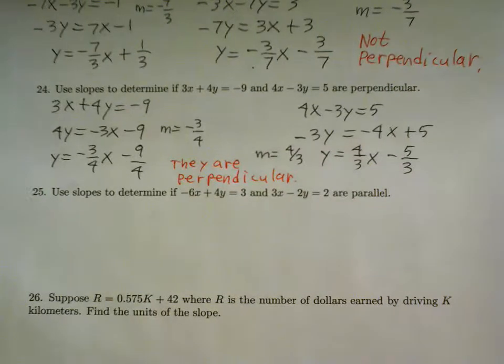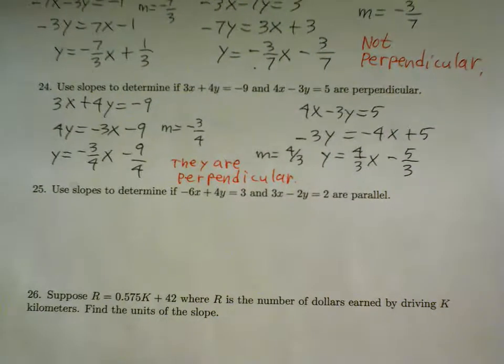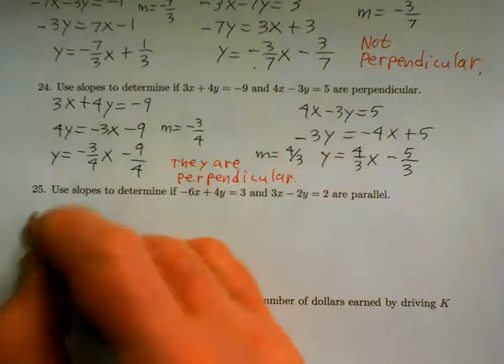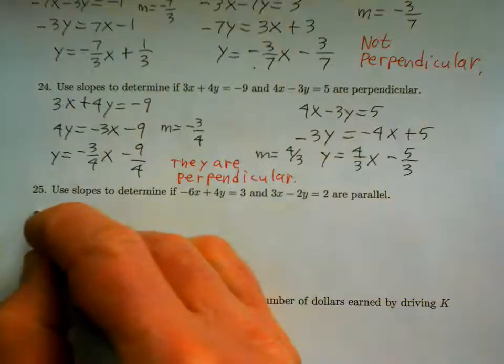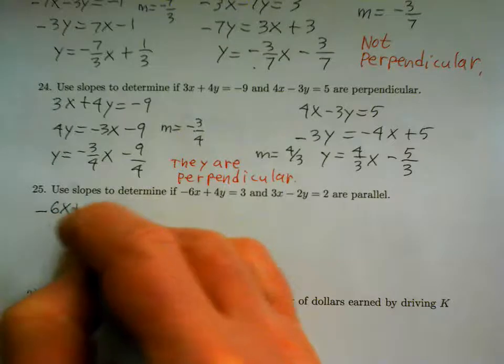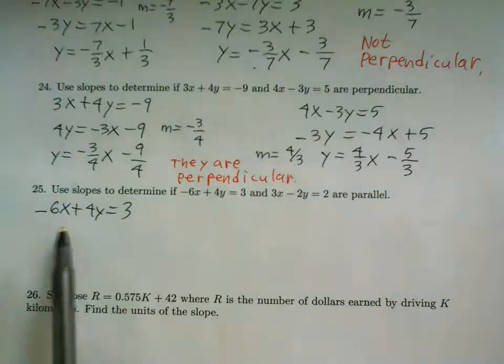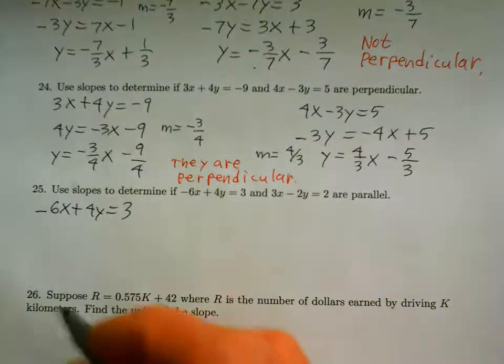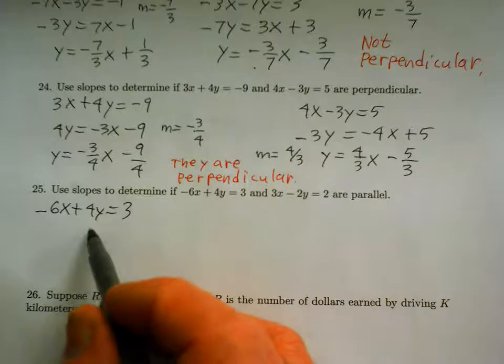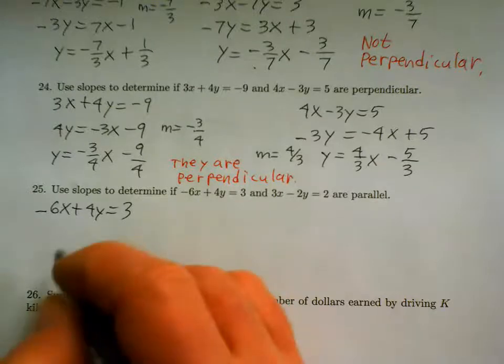Okay, the next problem, use the slopes to determine if the lines are parallel. Parallel lines have the same slope, so negative 6x plus 4y equals 3. To find the slope, we can just write it in slope-intercept form, y equals mx plus b. So we solve for y. First add 6x to both sides.